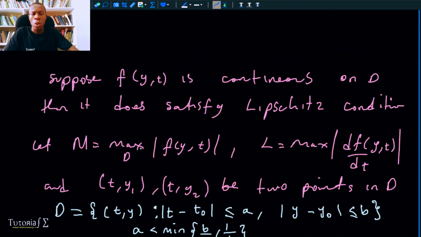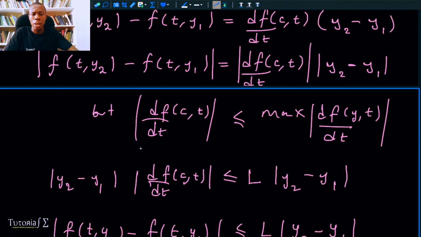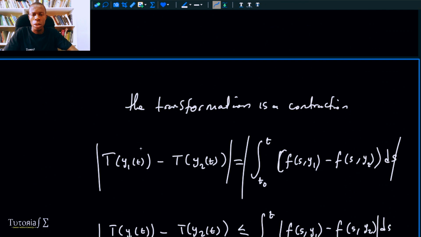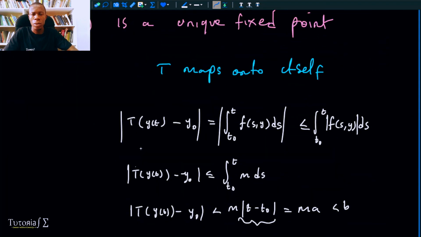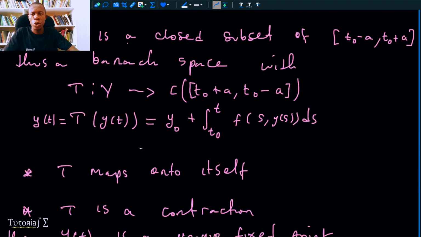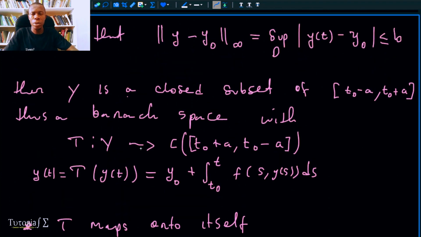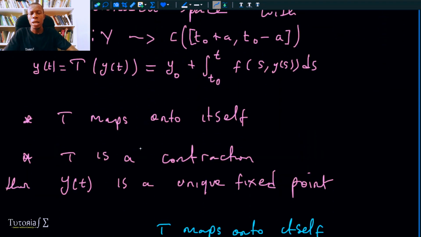Then we need to use Banach's theorem to show that if we choose a transformation onto y, then y will map onto itself and it will be a contraction.